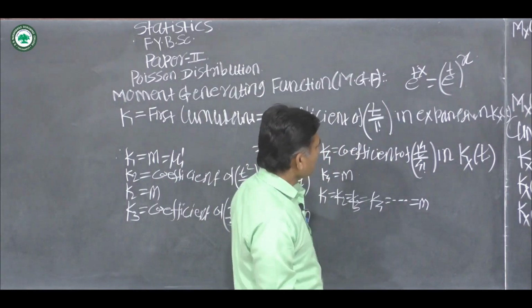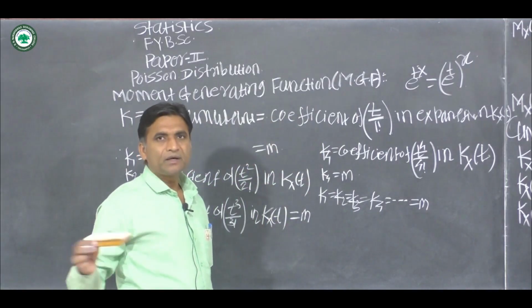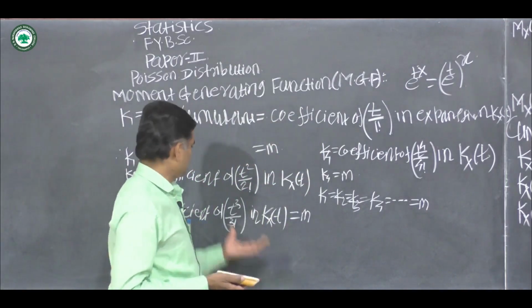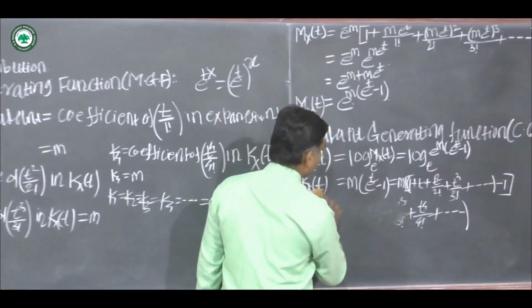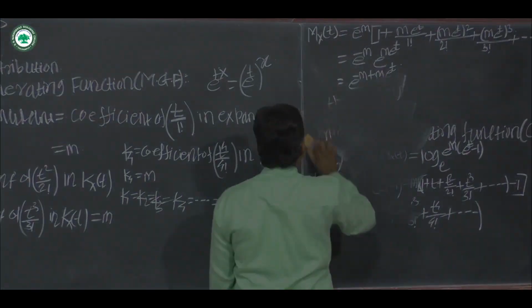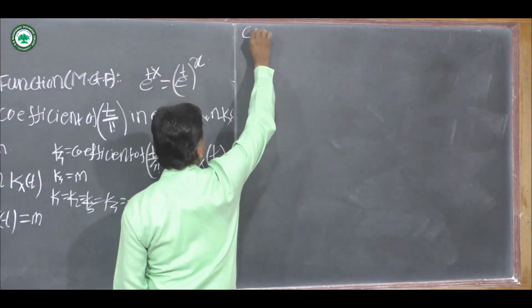Okay, now we obtain central moments using these cumulants. Central moments of the Poisson distribution.